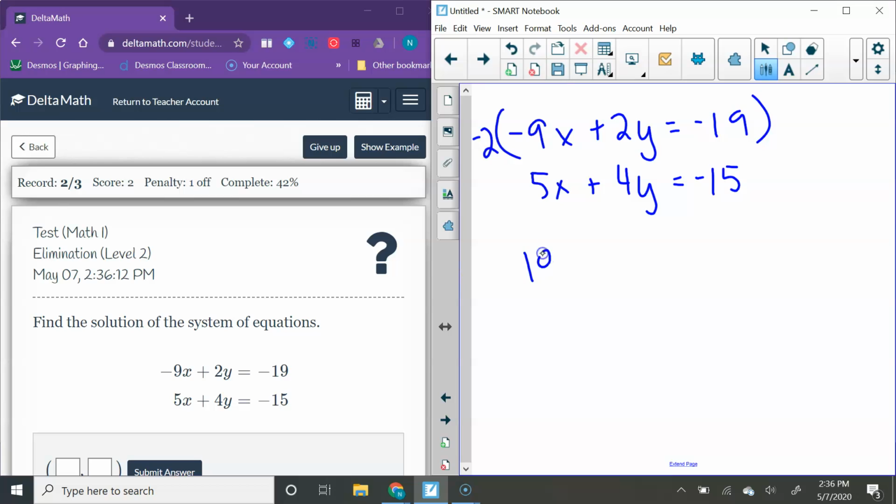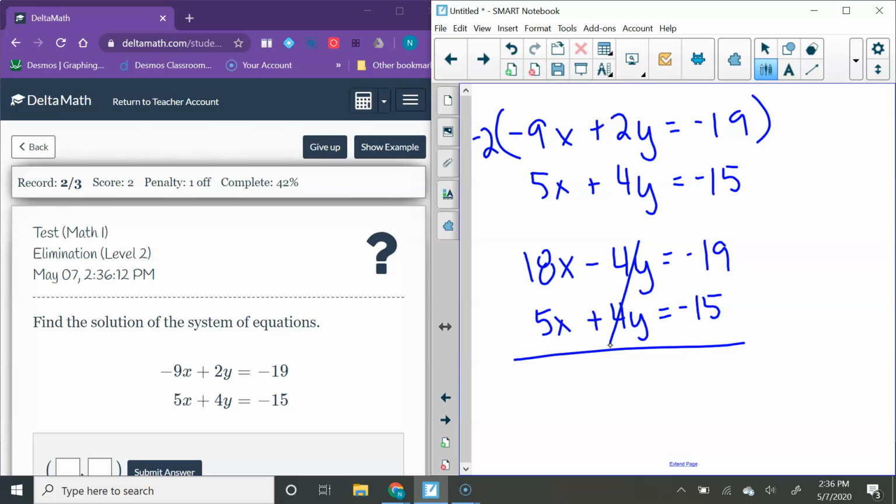So I'll get 18x minus 4y equals negative 19. And I've got 5x plus 4y equals negative 15. So those 4's will cancel, and then 18 plus 5 is going to give me 23x.